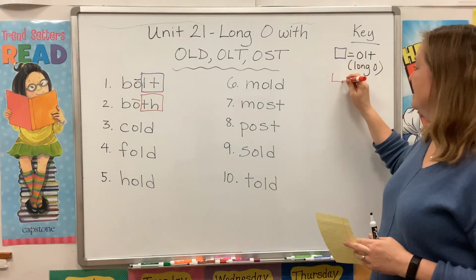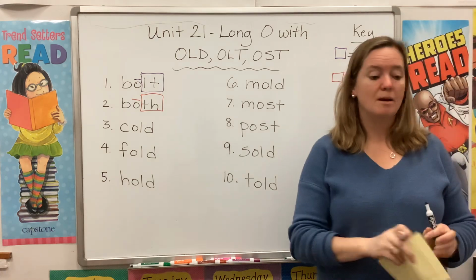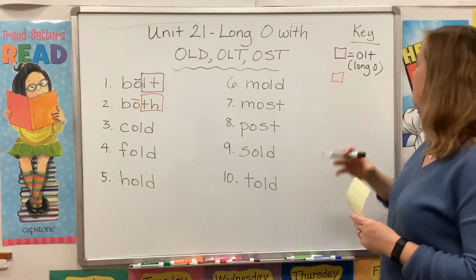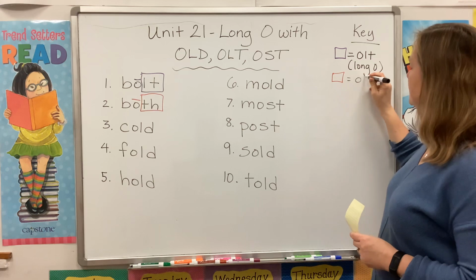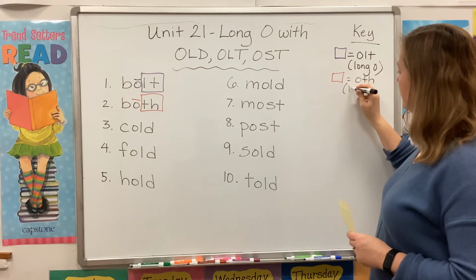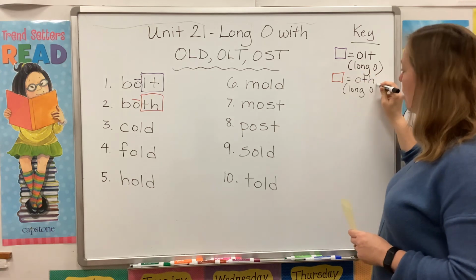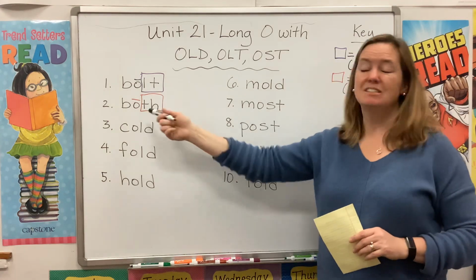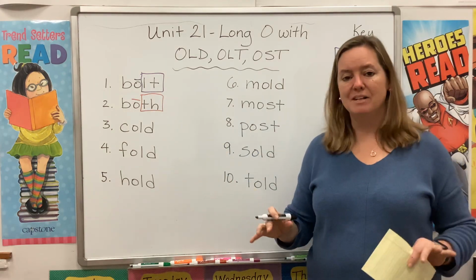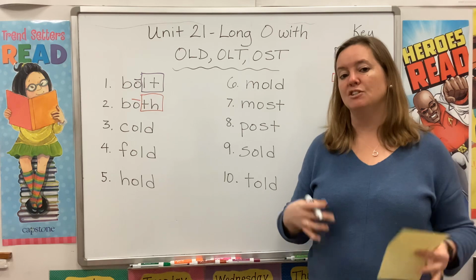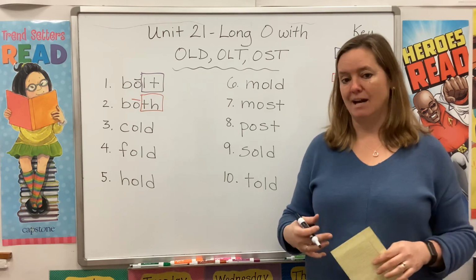So in this case, though, in the word both, we have OTH making a long O sound. But just memorize that, because in any other example, OTH is going to make the ah sound.